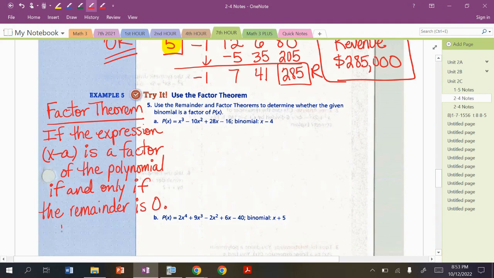You can also say that the value when you do that substitution of a equals 0, and that's, again, the remainder.